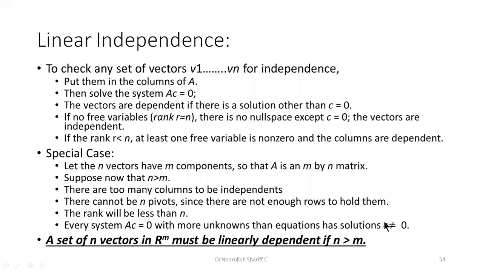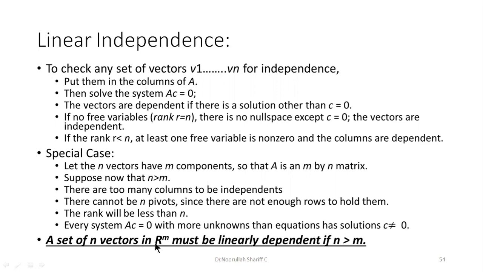If you write a set of equations with more unknowns, say C1, C2, C3, C4, and the number of equations is lesser than them, then the equation has a solution where C is not equal to 0.